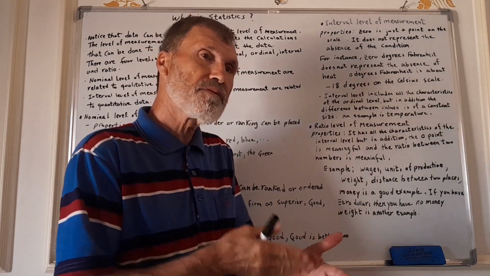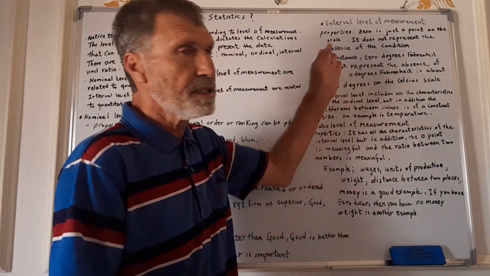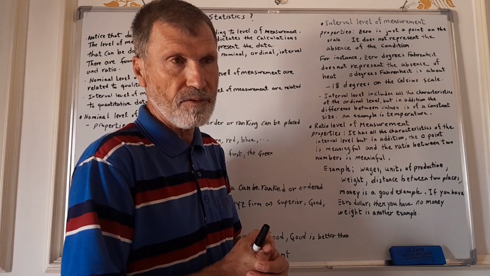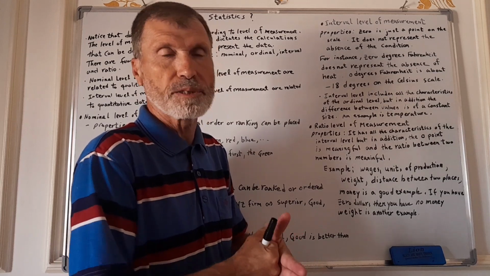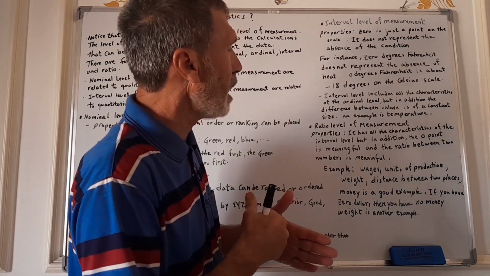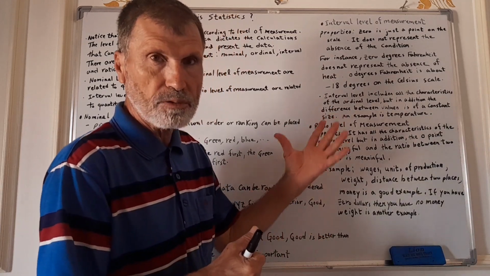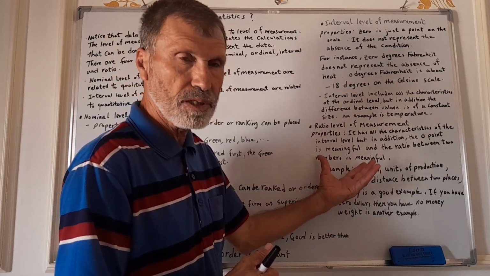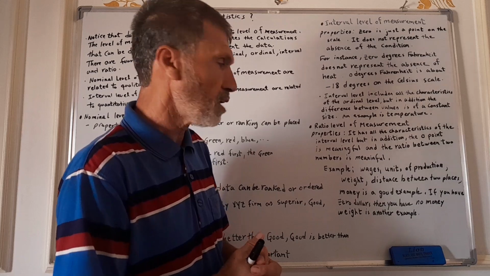But it's not meaningful when we talk about the interval level of measurement. 0 doesn't mean the absence of the condition with respect to the interval level. However, 0 here is meaningful when we talk about the ratio level of measurement.